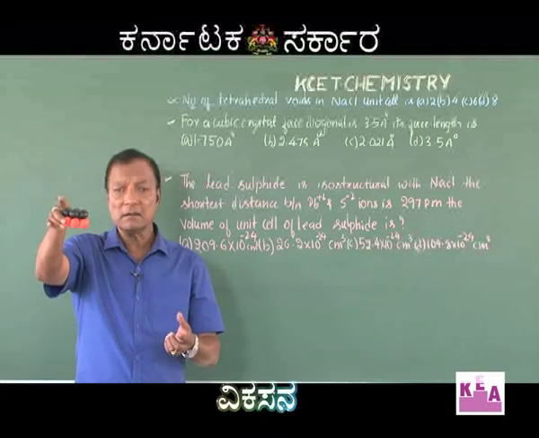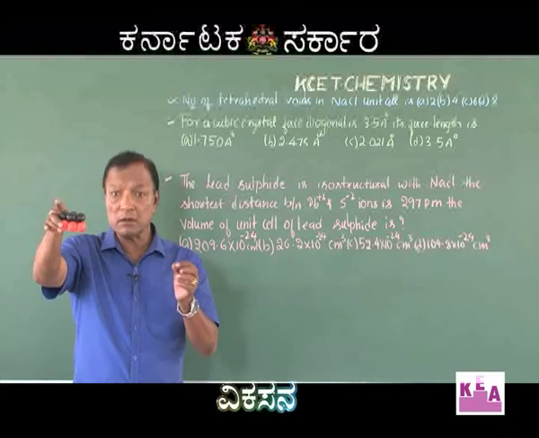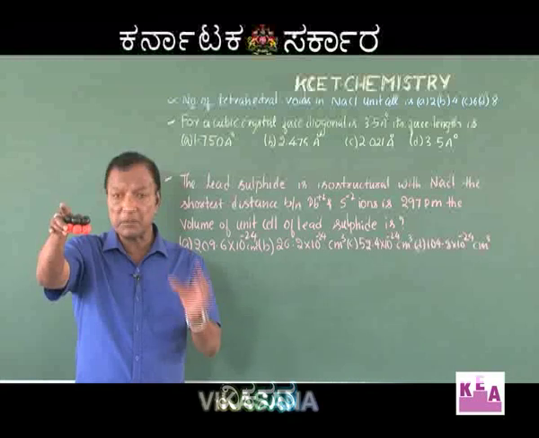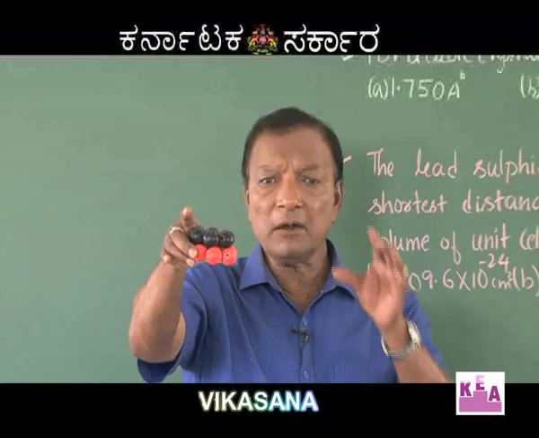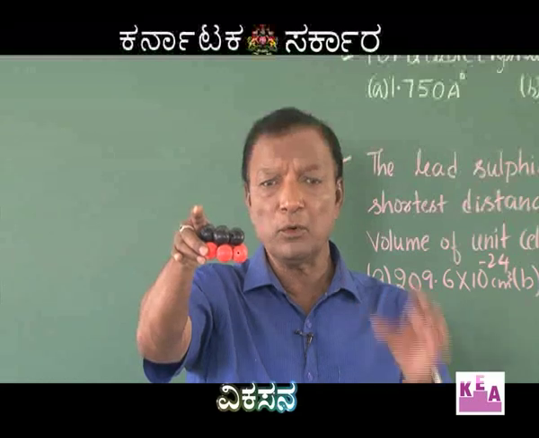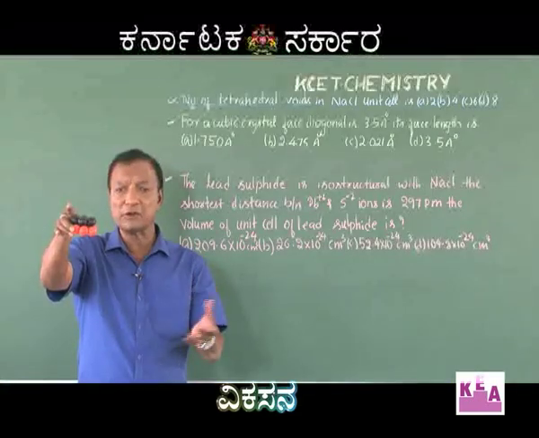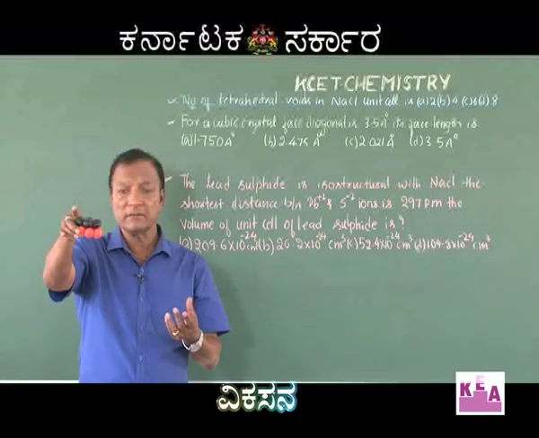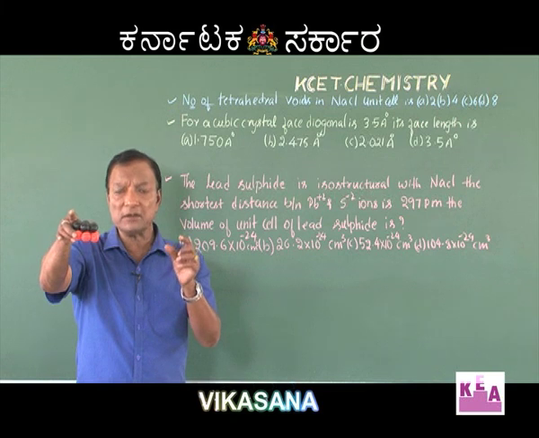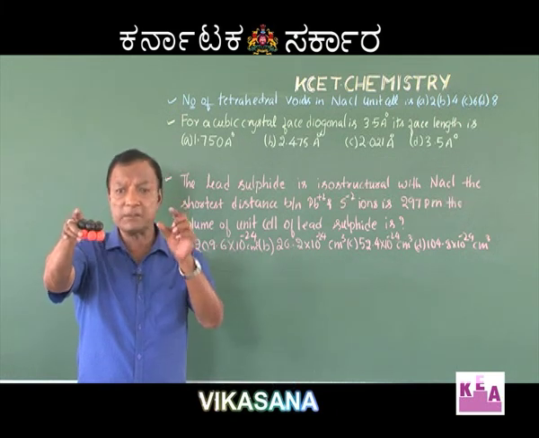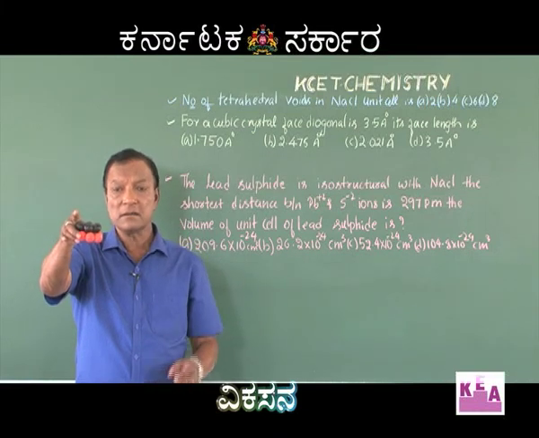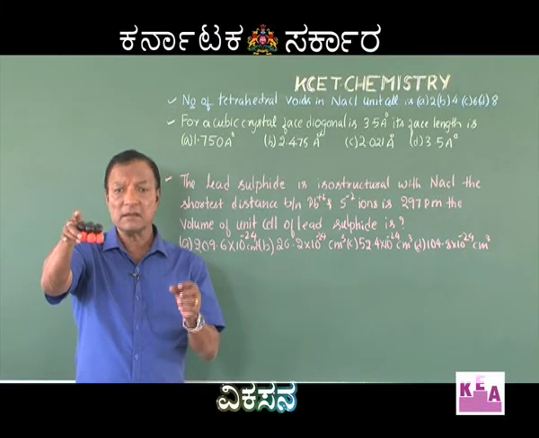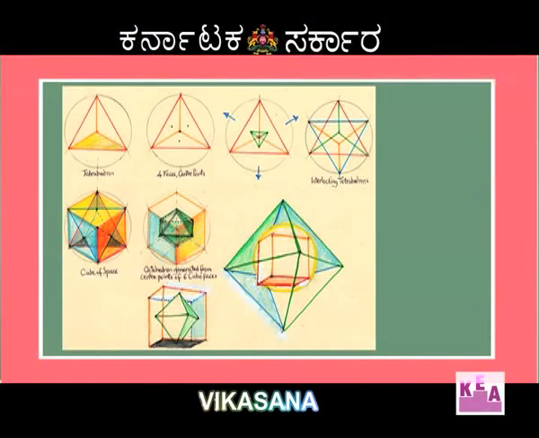In that, the particles of the upper layer will be holding the triangular depressions of the lower layer. And when this depression is occupied with the upper layer sphere, an empty space is created. And this empty space is called a tetrahedral void.